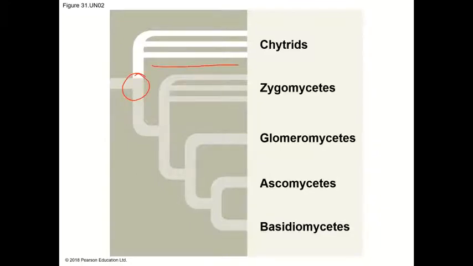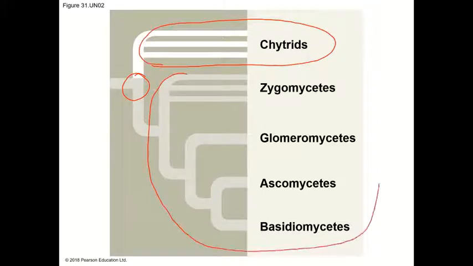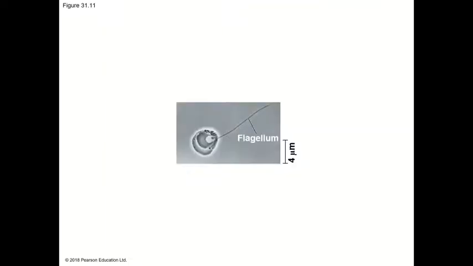So here we have the chytrids, and the sister taxon is the group of fungi. So this is a picture of a flagellated spore of a chytrid. So again, we call this a zoospore. So that's a characteristic that differentiates them from, say, protists or from plants.